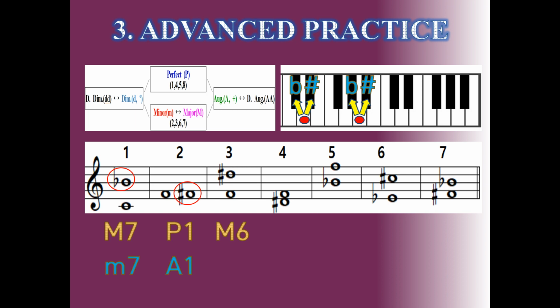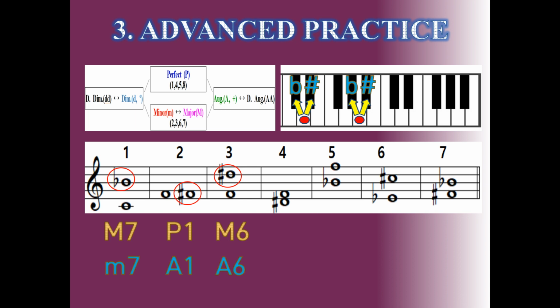The higher note has a sharp, then the interval will be increased, right? Then can you count from major sixth interval increased? Then it will be, yes, augmented interval. So the answer is augmented sixth interval.